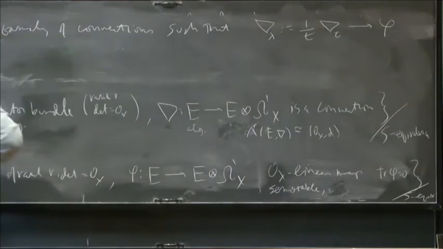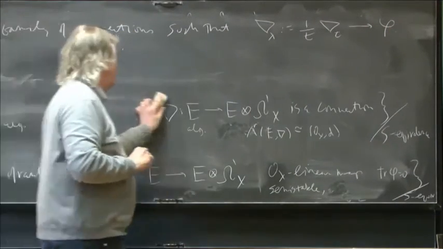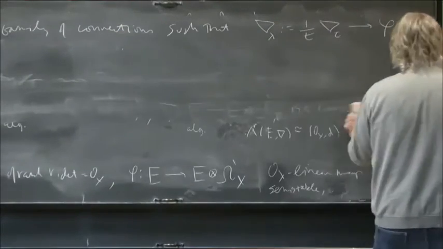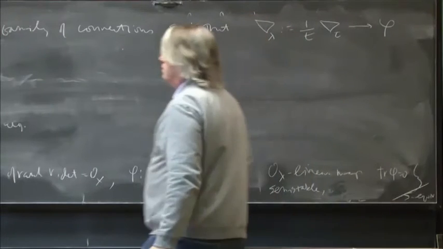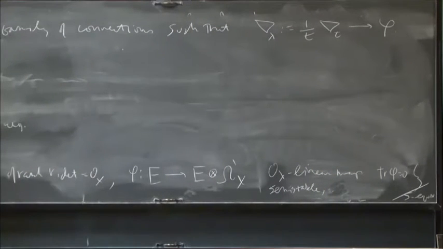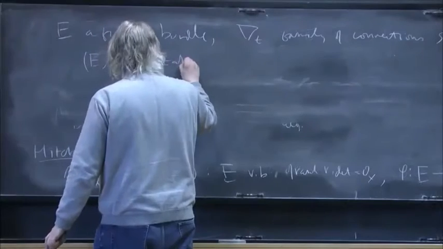And we would like the limit to be a Higgs field. So E, say, stable, for example.